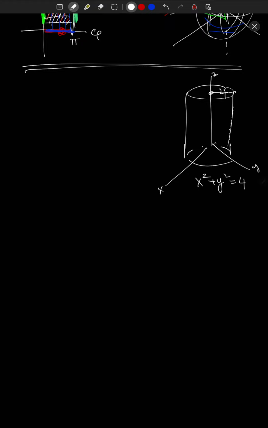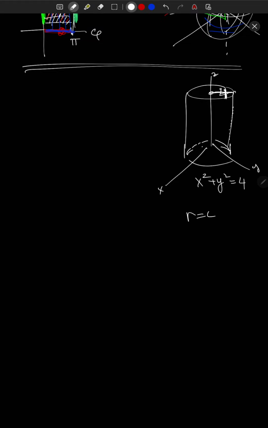Well, you just think about this. What are cylindrical coordinates? Cylindrical coordinates are where you use r, theta and z, right? But here, the nice thing is that we're talking about a cylinder of radius 4, and so r is just 4. R is always 4 for any point on this cylinder.